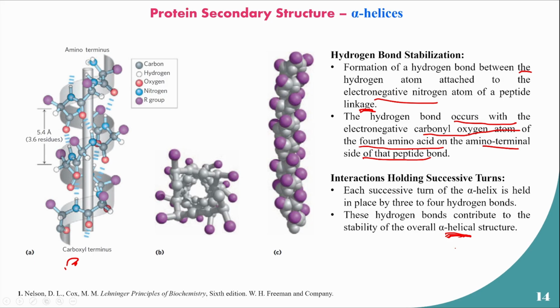So if I ask one question, I think we covered some of these in the earlier classes also. The secondary structure provides stability to the protein in a particular region.